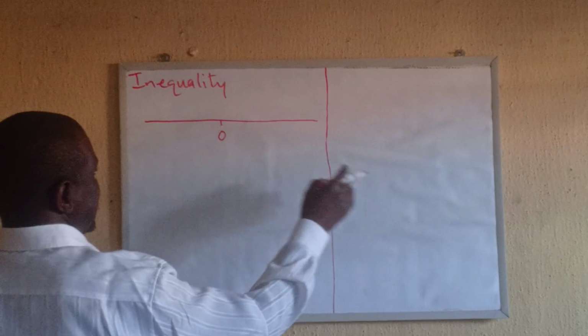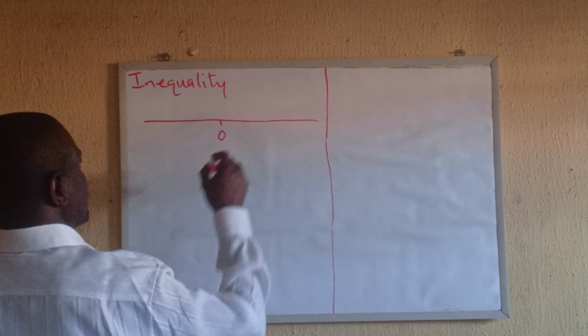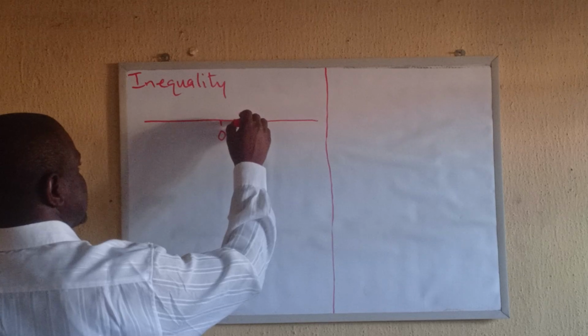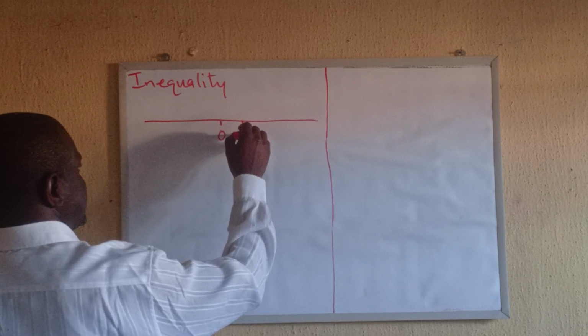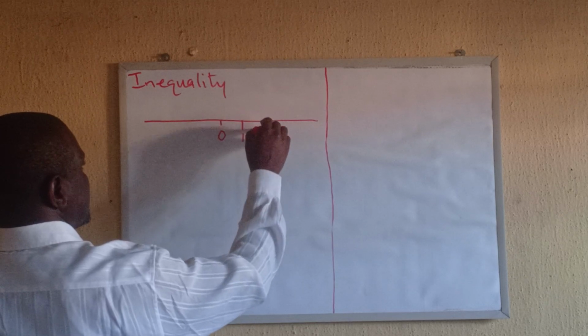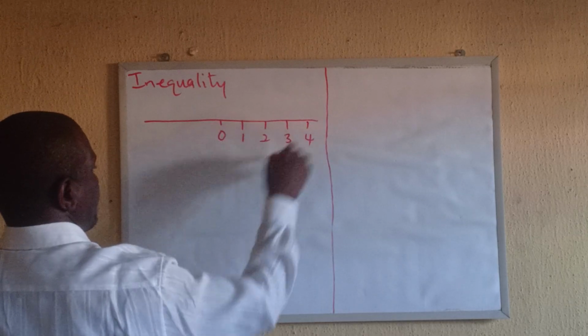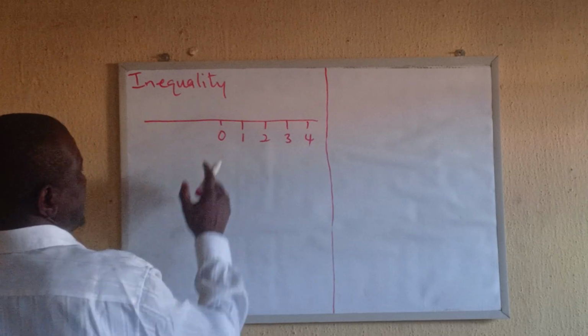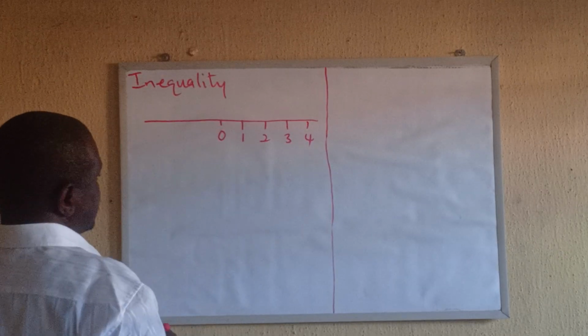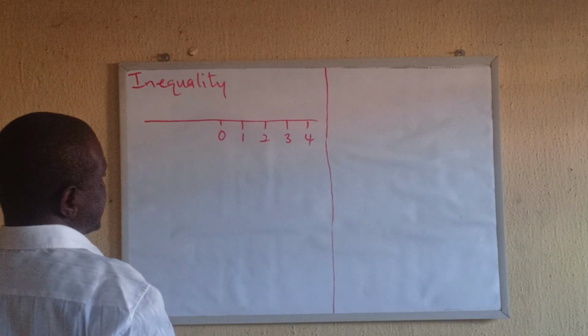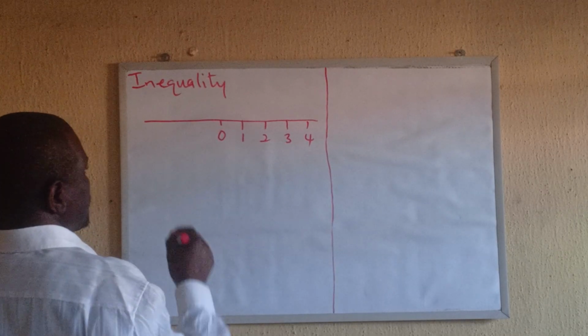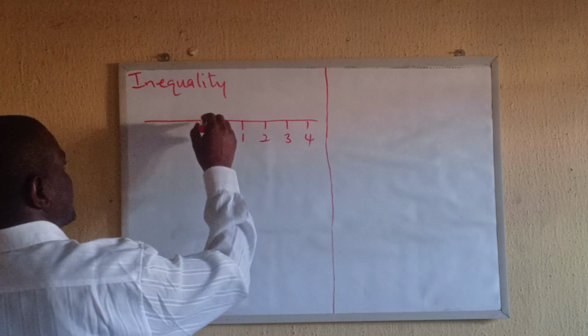On the right hand side of the 0, you have positive numbers, which we call positive integers. We have 1, 2, 3, 4. And on the left hand side of the 0, you have the negative numbers, which we call negative integers.